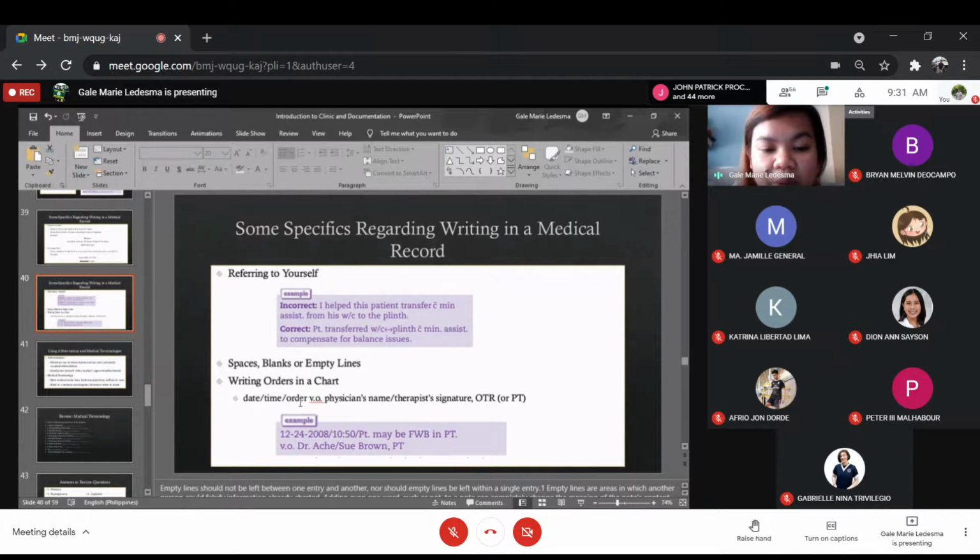So, date, time, order, verbal orders, physician's name, therapist/therapy signature, kung OTR ka or PT. Okay. Kung masulat ka na ni sa chart ha, and then paano mo i-sign no ni ikaw nagsulat sang chart. So kinahanglan sang physician's name. Verbal orders by doctor amuni. Okay.